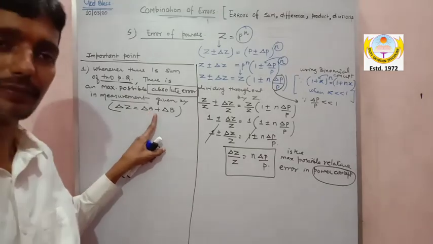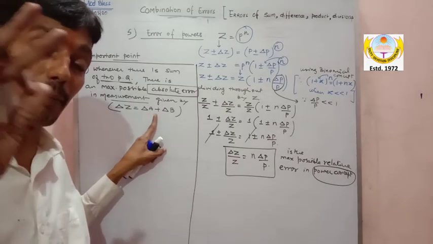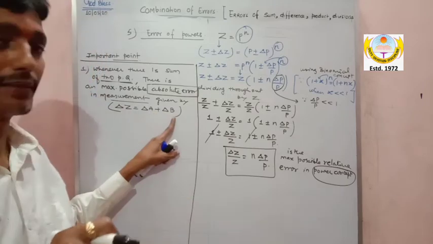There is no relative error. There is a possible absolute error in sum concepts.